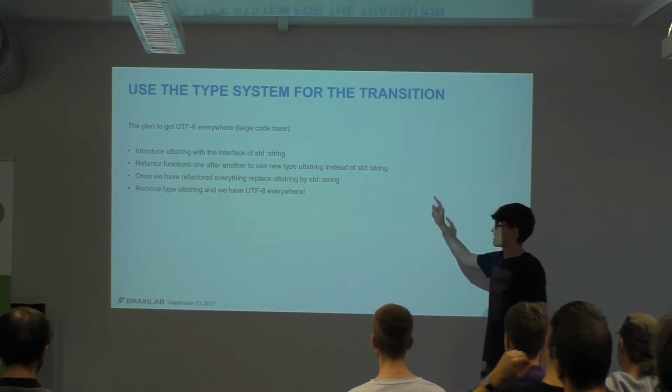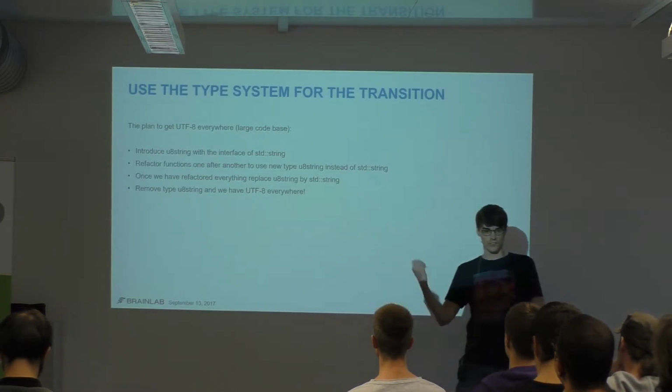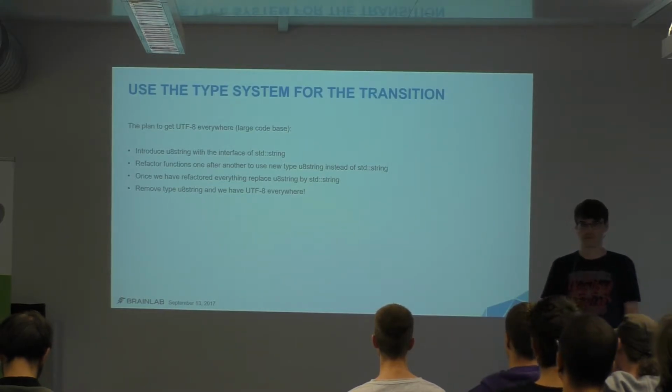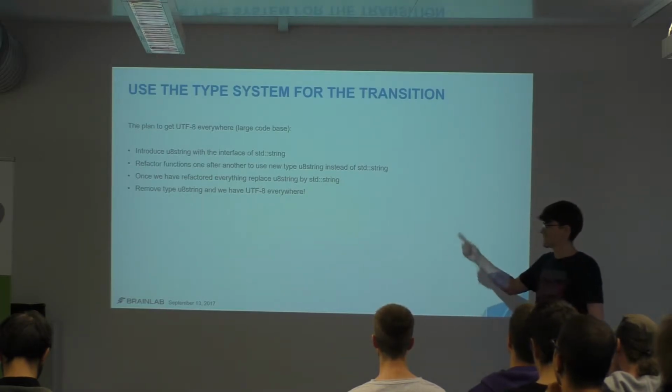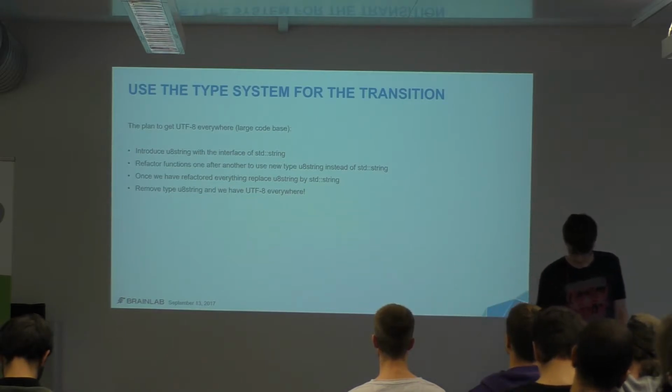This class mirrors the interface of the standard string, and then we refactor all the functions to use U8string and deal with all the places that used to have Latin 1 specific stuff. And once we are done, we can replace it with the string again, and hooray.